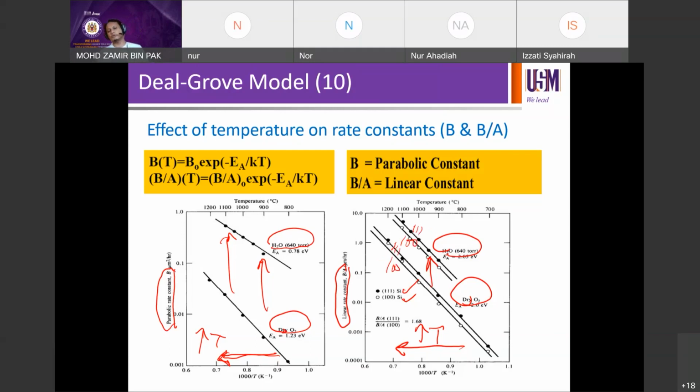So if we look at the right graph, the linear rate constant, let's just pick 0.8, for example, which is about 1000 degrees C. If you look at the difference between 100 and 111 for the dry process, look at the difference there.